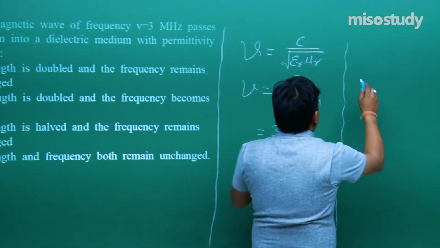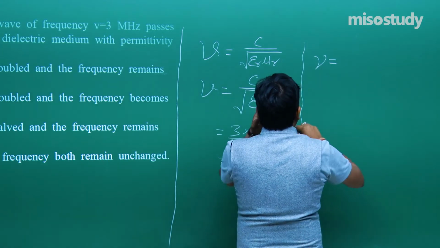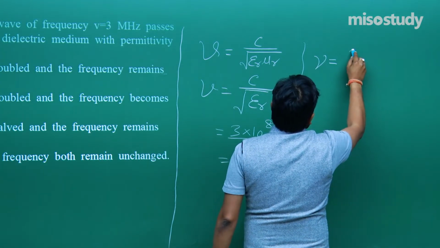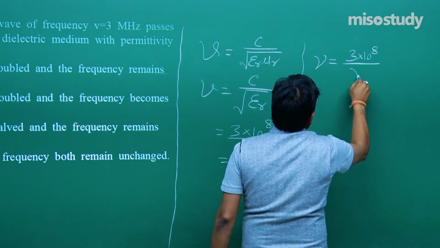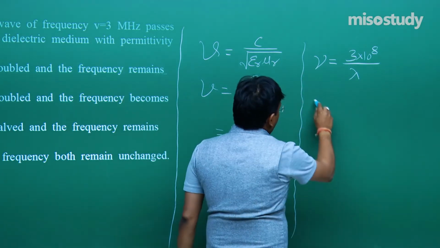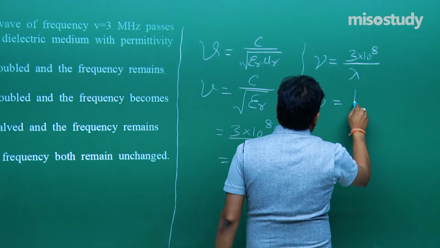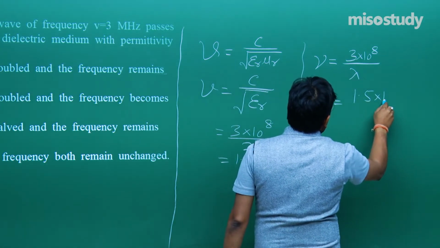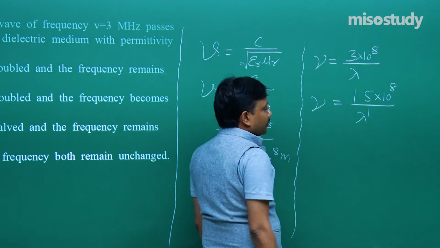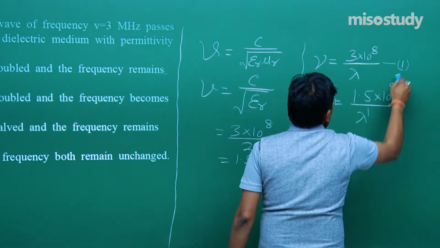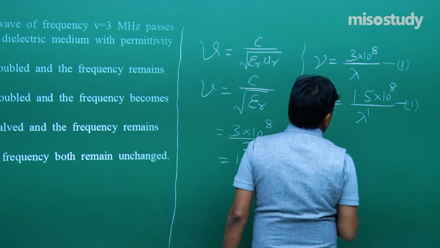That is nu is equal to 3 into 10 to the power 8 upon lambda, and nu is equal to 1.5 into 10 to the power 8 upon lambda prime. Let us say this is equation number 1, and this is equation number 2.